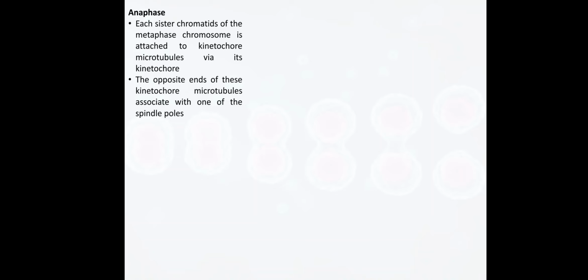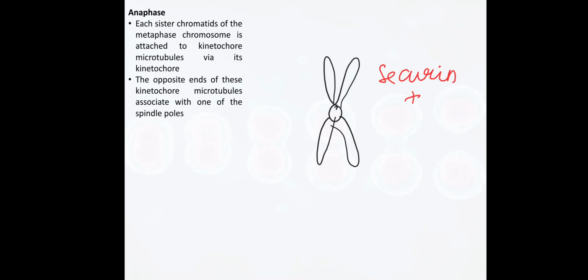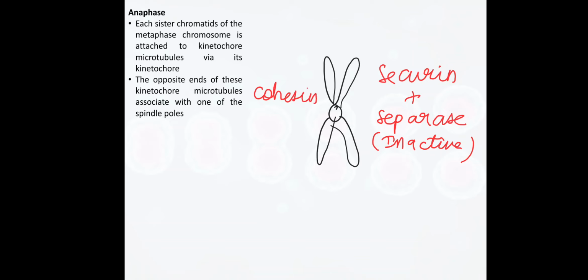After separation, so now it is like this. When this is the case, what is activated and what is inactivated at this stage? Securin is bound to separase, making it inactive. How are these held together? By cohesin, which is now active.